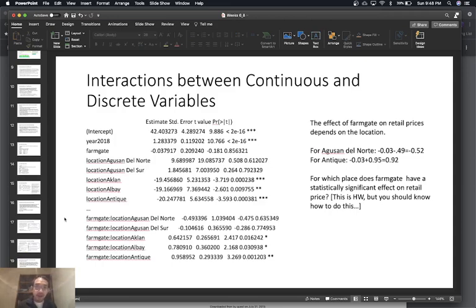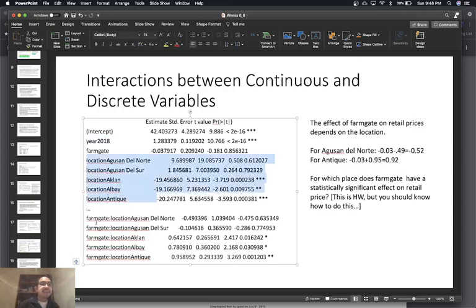By looking at the coefficients table, you should know that our dependent variable still is retail. We are doing it as a function of year, farm gate, location, and an interaction between farm gate and location. So you should be able to write what the model is.